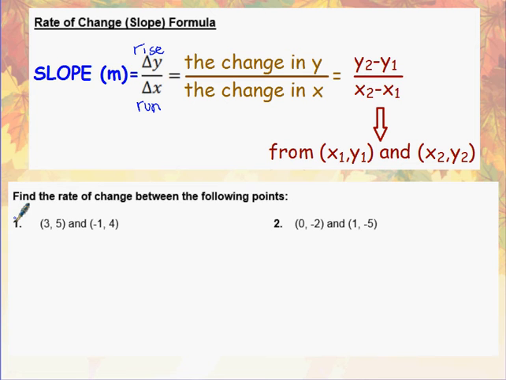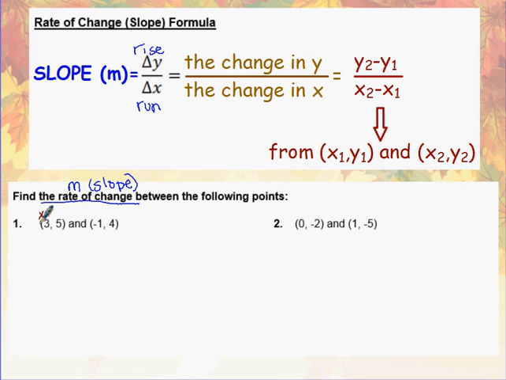We are asked to find the rate of change between the following points. Rate of change means m, or slope. We want to find the slope between the 2 points, so we're going to use the slope formula. Before I can use the formula, I must name these 2 points. It does not matter who you choose to name your first point and who you choose to name your second.